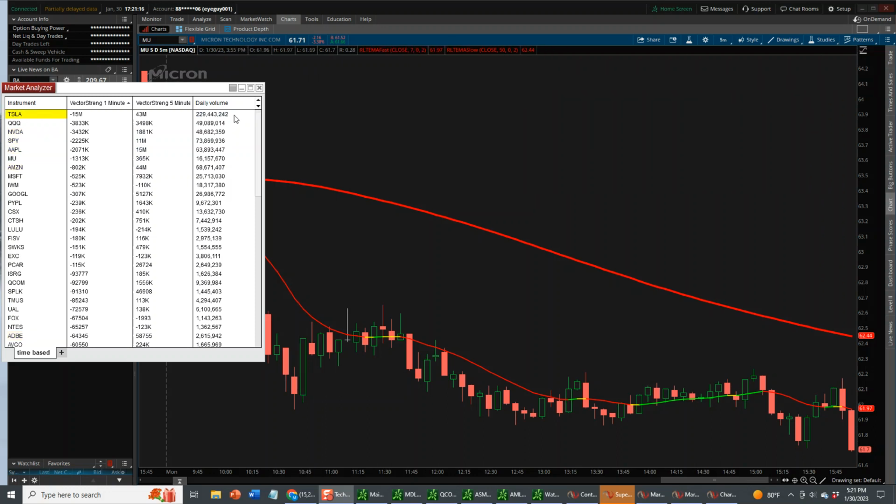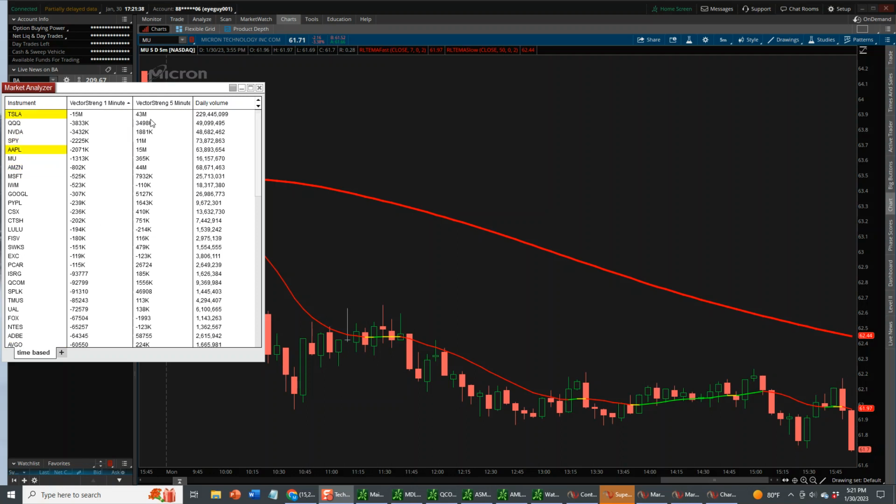So here's our vector strength dashboard for today. And if we look at the first stock, we can see that Tesla has the most negative vector strength on a 1 minute cumulative.